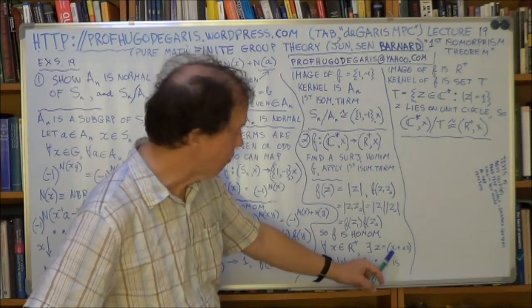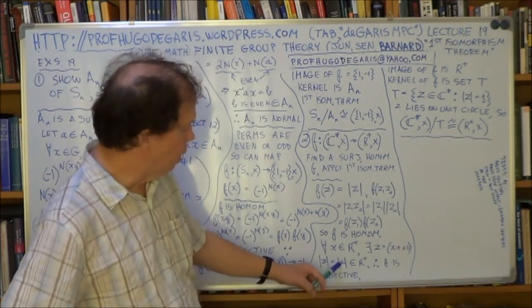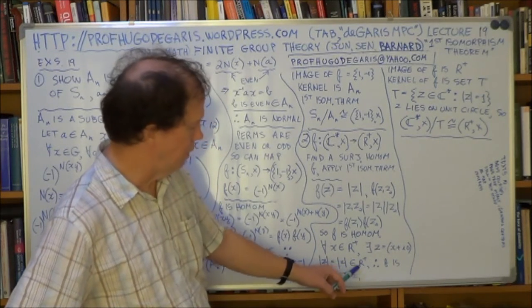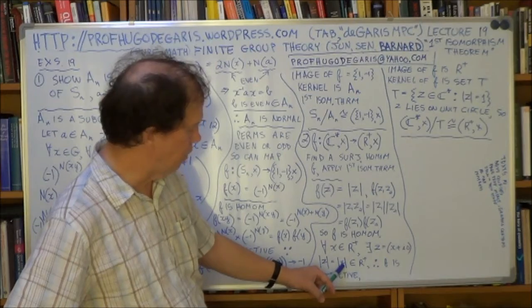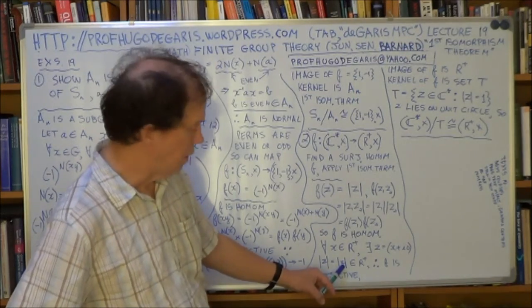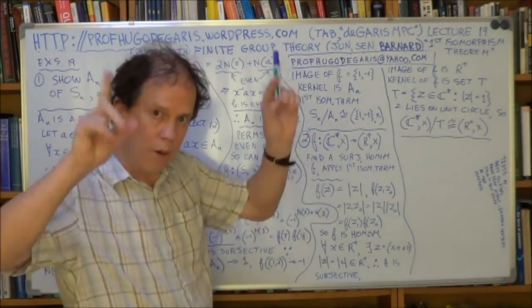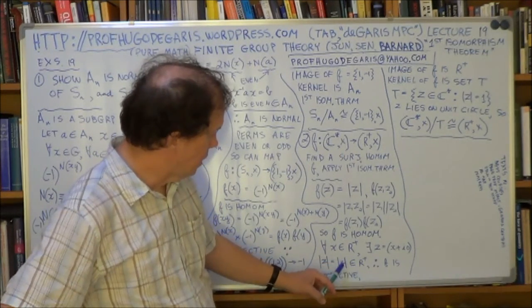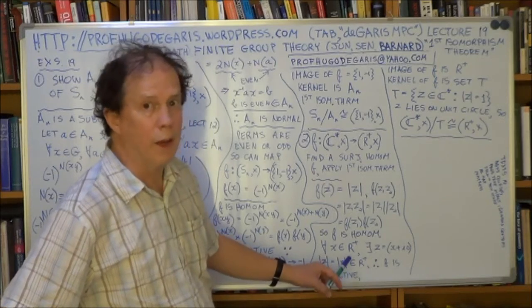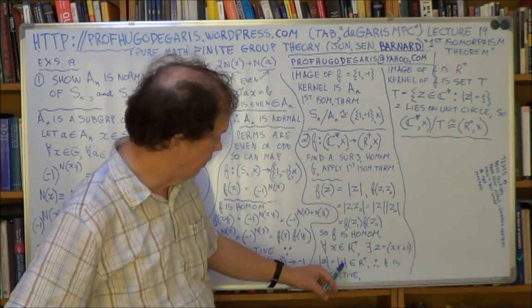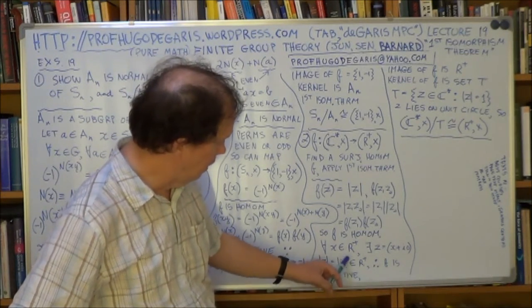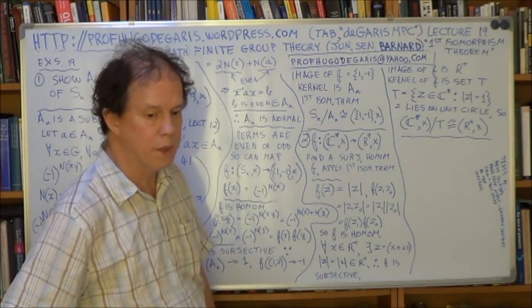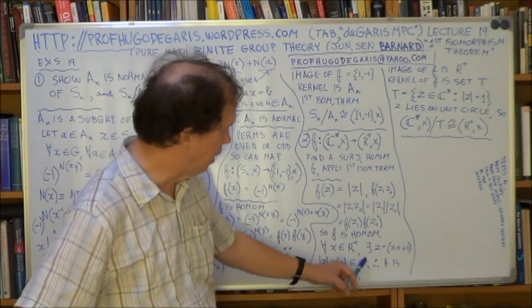Follow that logic? So if x is non-zero, mod of x has to belong to R plus. This cannot be 0, so the absolute value of anything else gives you R plus, right? And that x can be anything. So this value here is all the positive reals except 0, in other words, R plus.